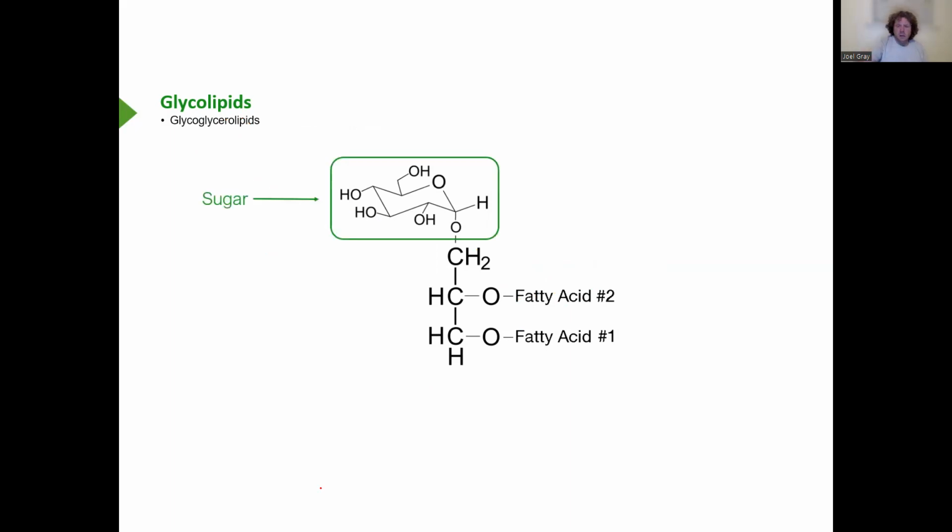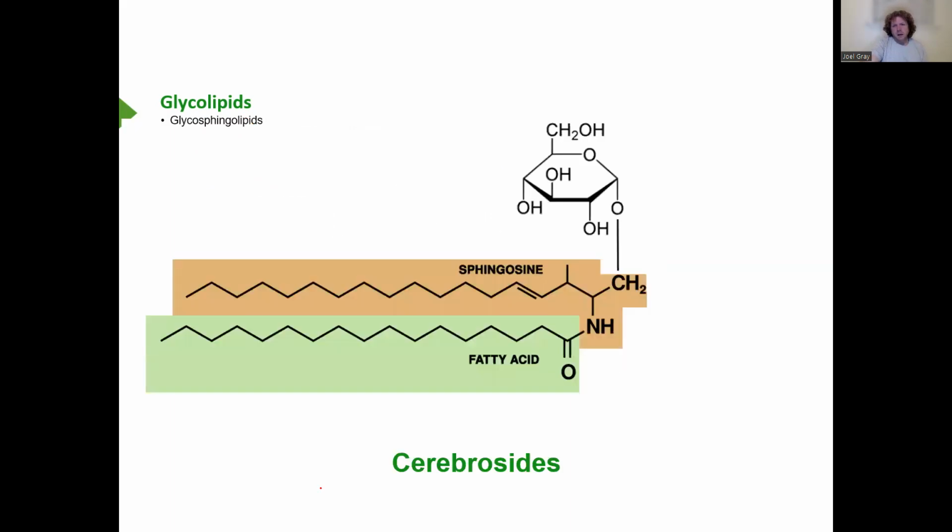So you have a sugar. A glycolipid is a sugar plus a pair of fatty acids. We're going to talk about these a little bit more in detail when we're talking about lipids, but cerebrosides are an example of a glycolipid.